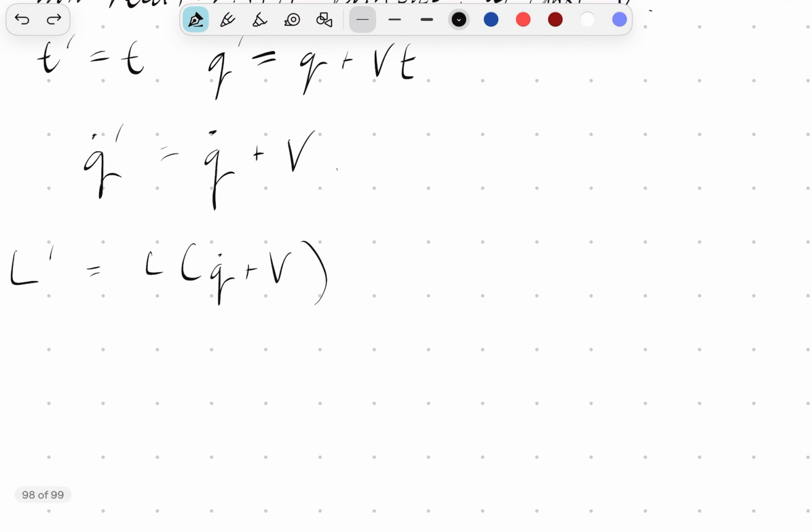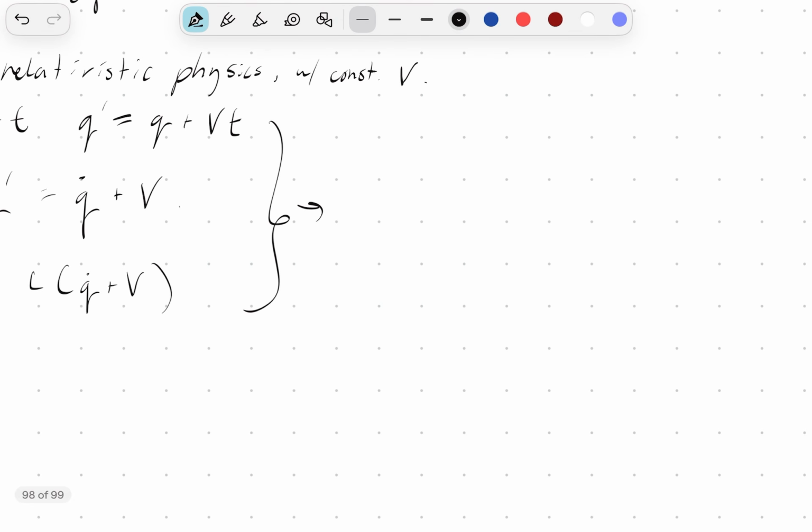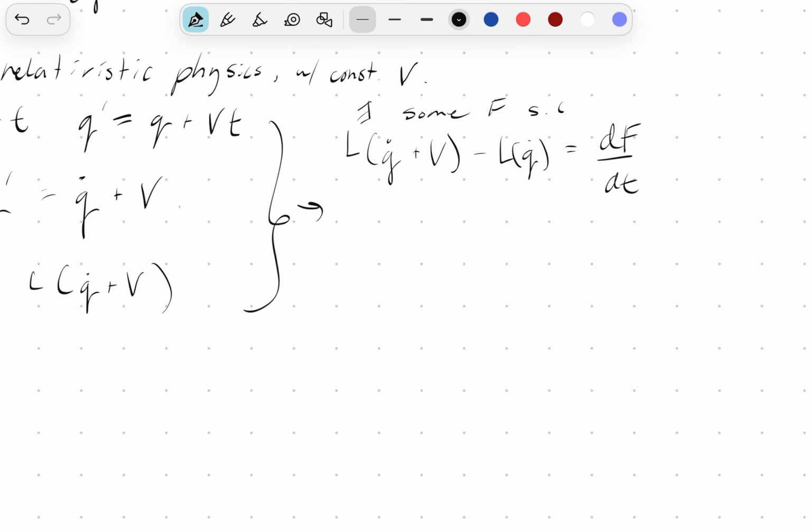So what we'd have then, from this transformation, is that the Lagrangian L prime minus L should give us a total time derivative of some function. And there exists some function f such that the difference between the Lagrangians should be the total time derivative of this function.